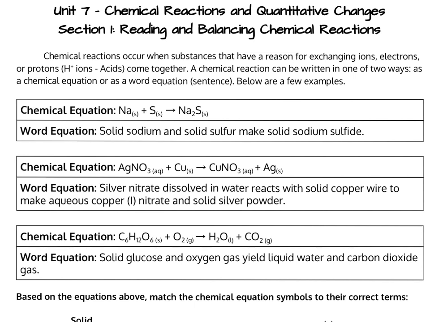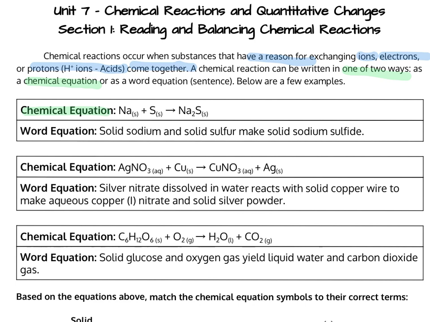So chemical reactions occur when substances that have a reason for exchanging ions, electrons, or protons come together. A chemical reaction can be written in one of two ways. We can use either a chemical equation, which is something like this.